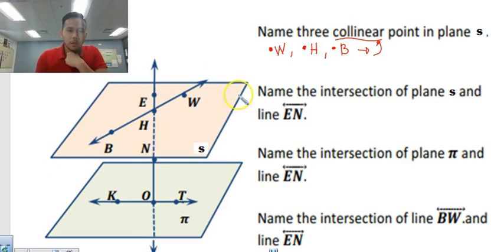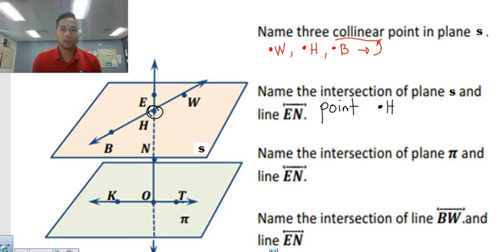So this is plane S, and line EN is the vertical line. If you look at the intersection, it's this one, which is a point. The intersection of these two is a point, and we name that point as point H.